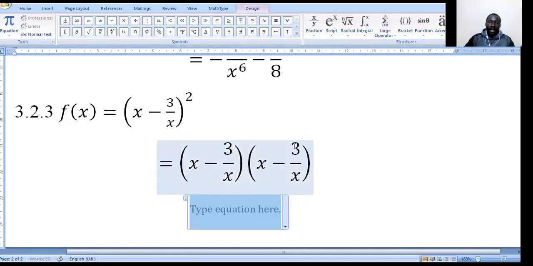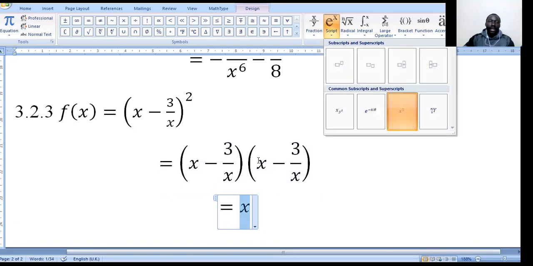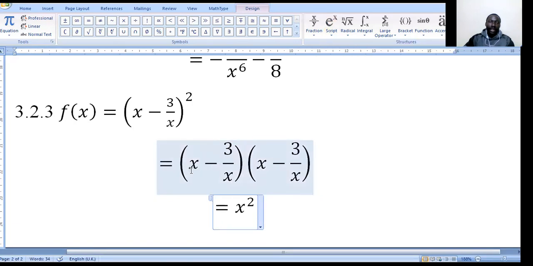And so how is this going to appear then? Well, to square this, we have to multiply x times x, okay? When we multiply x times x, what we get is x squared. Now, the next thing is we have to multiply this x times 3 over x.